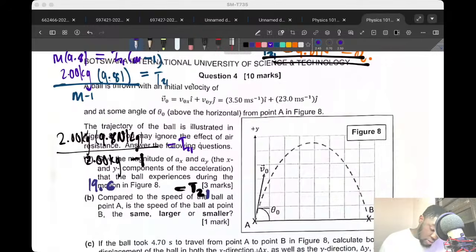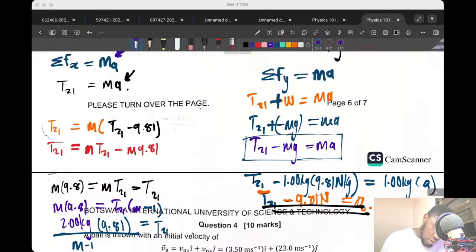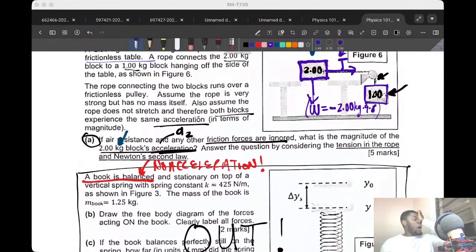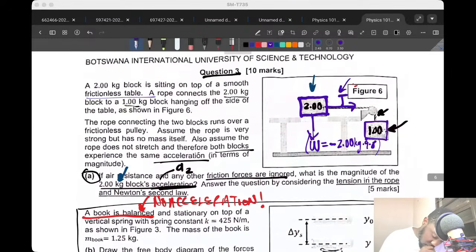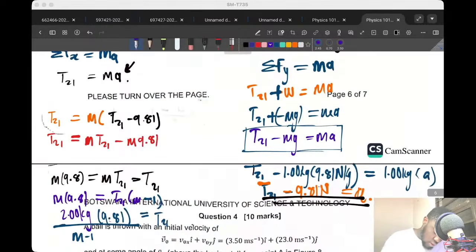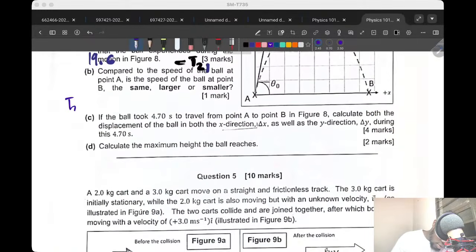So in here, you can put it in here. T2 is MA, so you can say T21 is equal to MA. So what is it going to be?